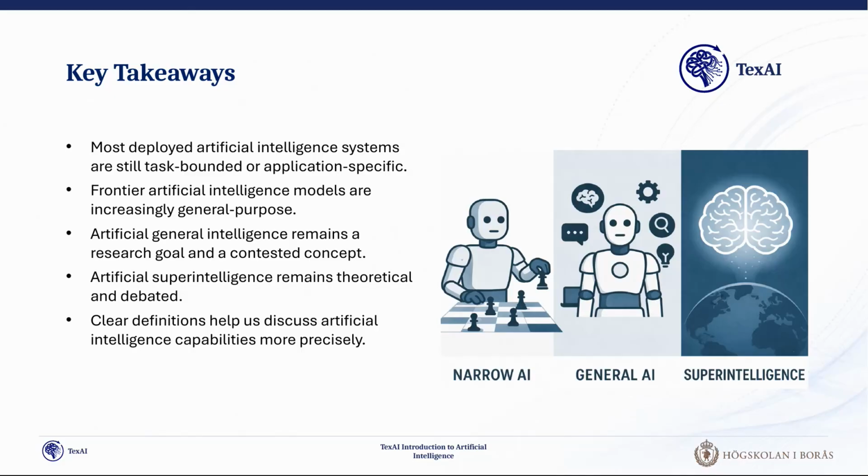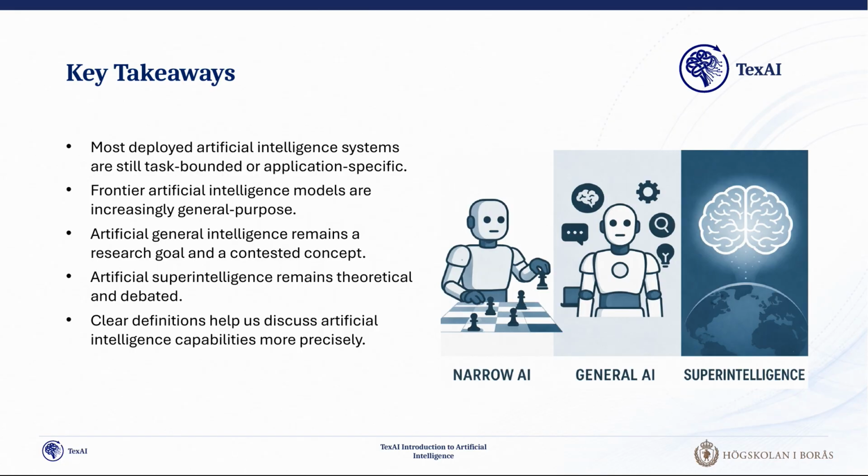To summarize, most artificial intelligence systems used in practice are still task-bounded or application-specific. They can be powerful and useful, but they are usually designed, deployed, and evaluated within particular tasks, products, or contexts.